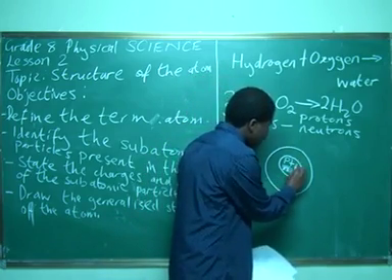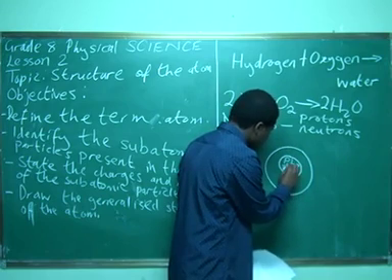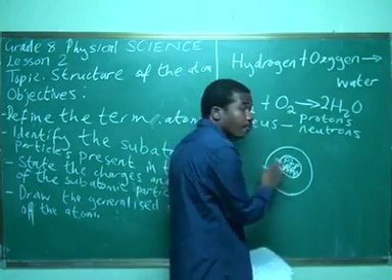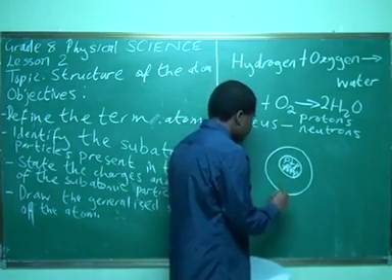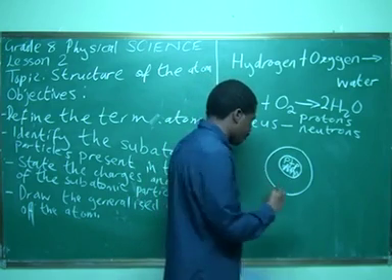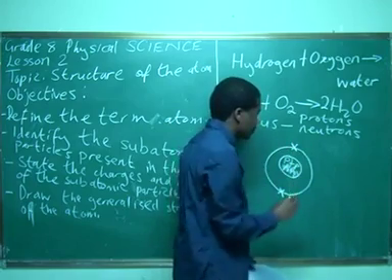So if we have in here 2 protons and let's say 3 neutrons, and let's say 4 protons. I have now decided to draw a diagram that has 4 protons, which means the number of protons is always equal to the number of electrons. So now we're going to have electrons surrounding this nucleus.